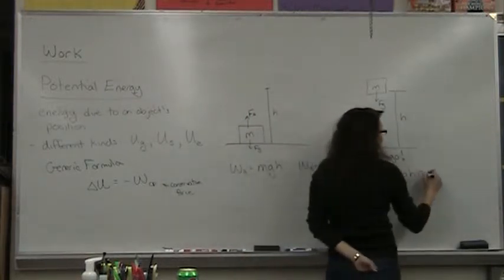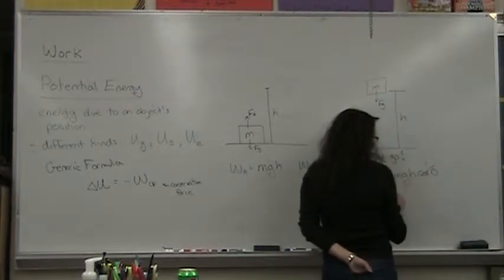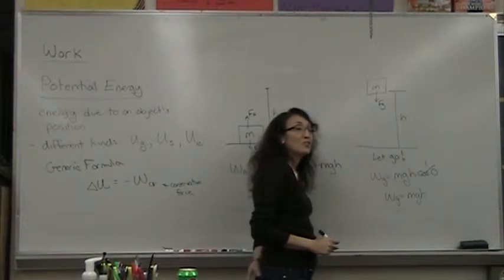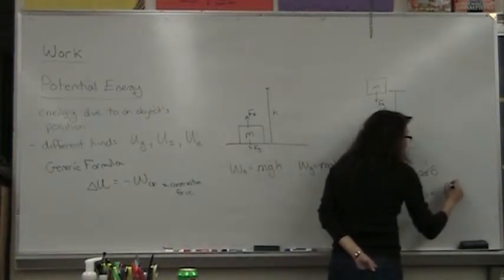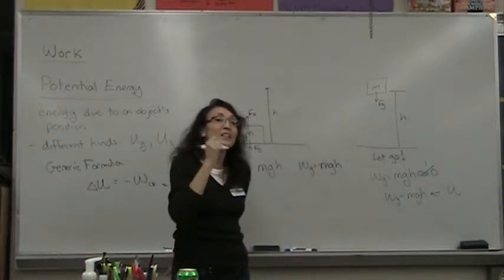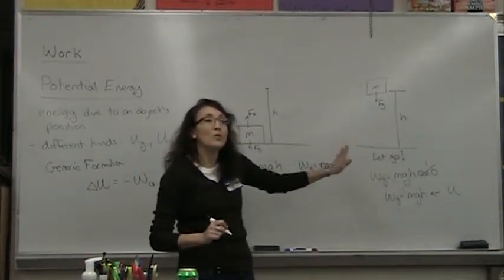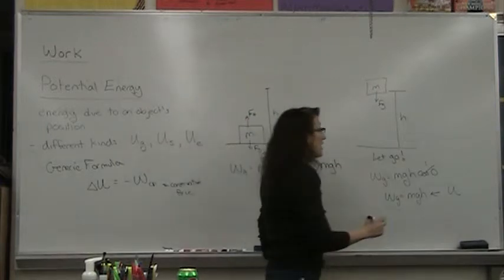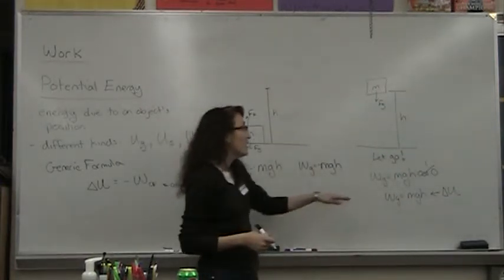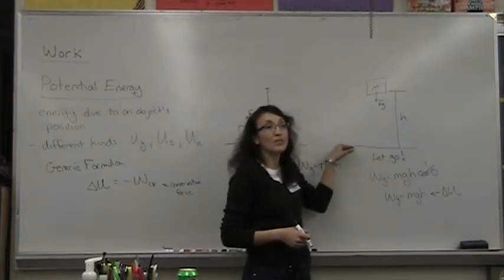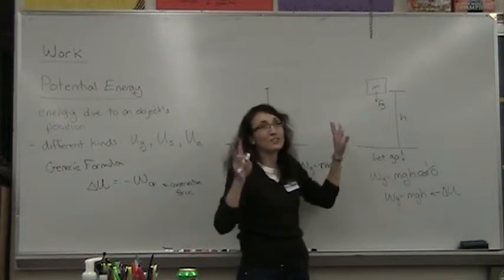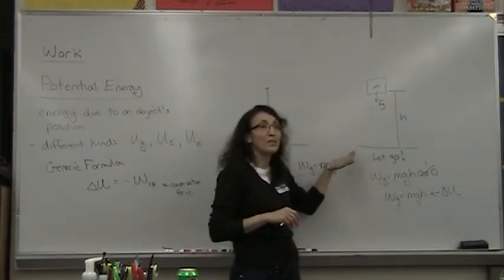It's cosine of 0 this time. So the work that gravity does is equal to mgh. And that, what we're saying, is the potential energy that it has. Because if I let it go, it can do that much work. And it's really a delta U. It's a change in potential energy because I'm the one who decided to lift it from the ground to somewhere else. You know, because basically it's like you chose your reference point to be the ground.